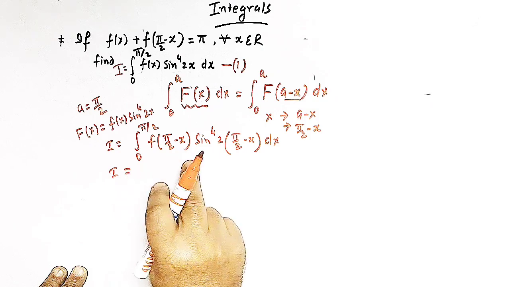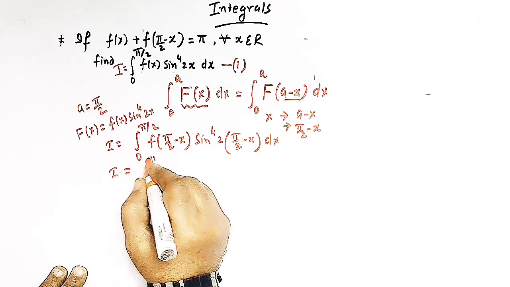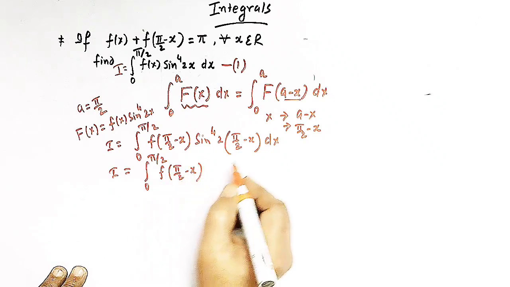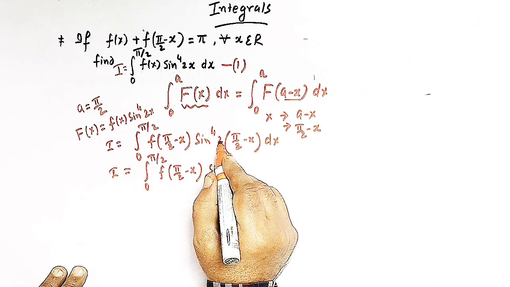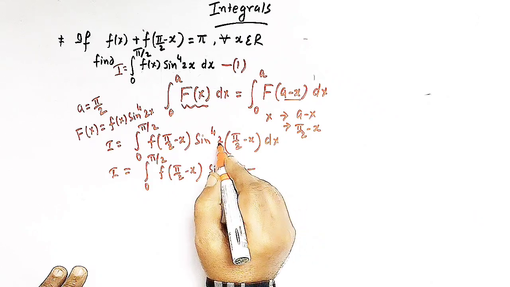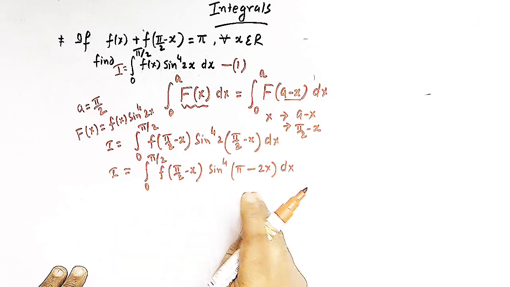So now let us solve this integrand. So we have 0 to pi by 2, and we have f of pi by 2 minus x, and here we have sine 4, and this is 2 pi over 2, that is simply pi, and then we have 2x, and here we have dx.